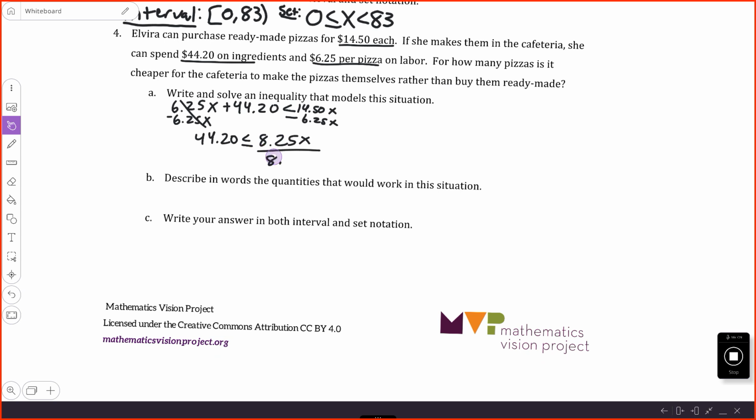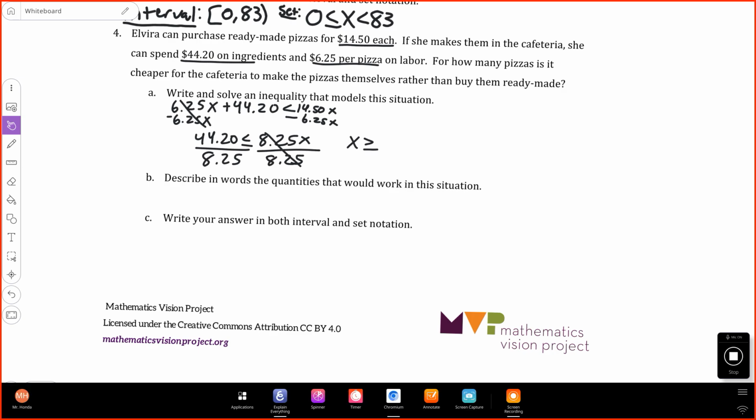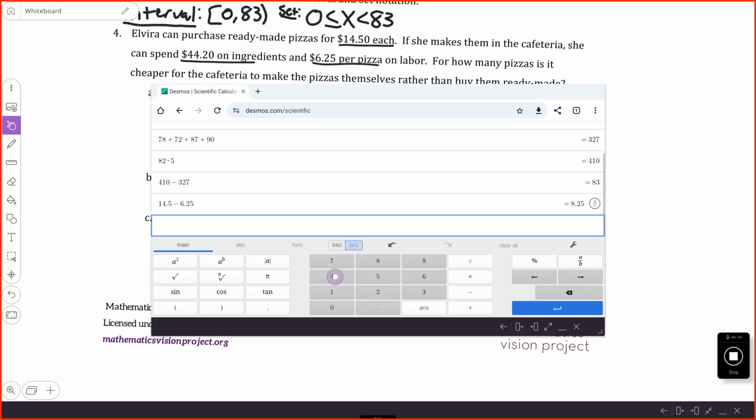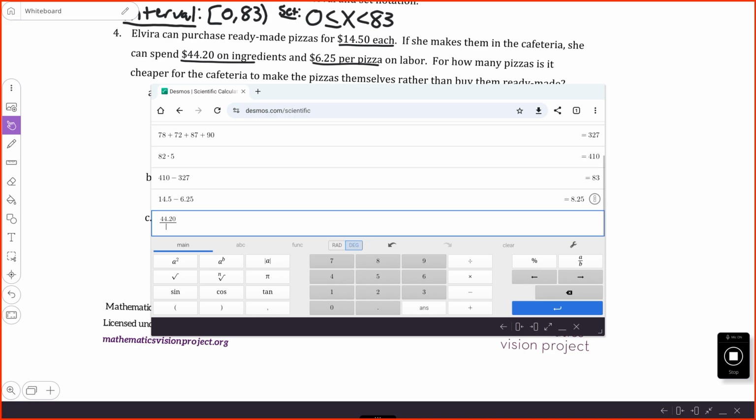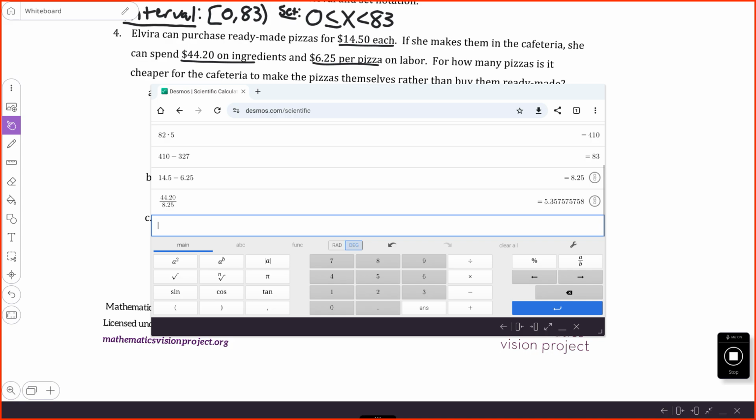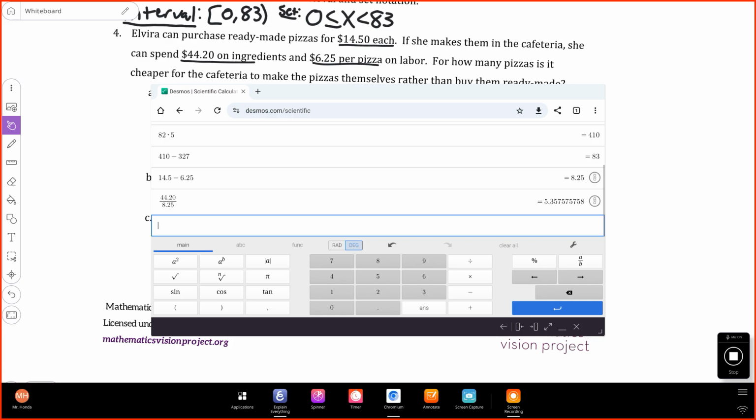Divide by 8.25. So x needs to be greater than or equal to 44.20 divided by 8.25, which gives me 5.36.